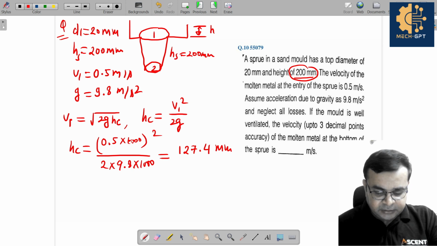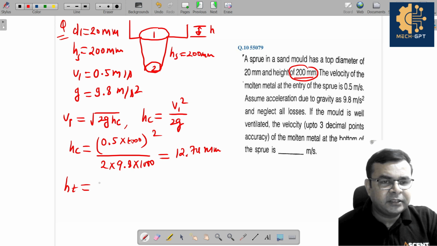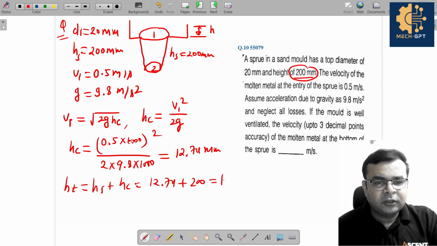That is 0.5 into 1000, that is 500 square over 2... Yes, sorry, this is not 127, this is 12.74 millimeter. Correct. So what about total height HT? HT is nothing but HS plus HC, yes or no? This is 12.74 plus 200. So this is 212.